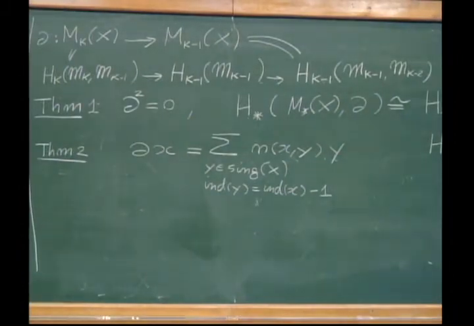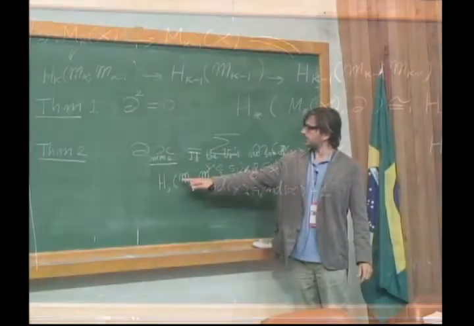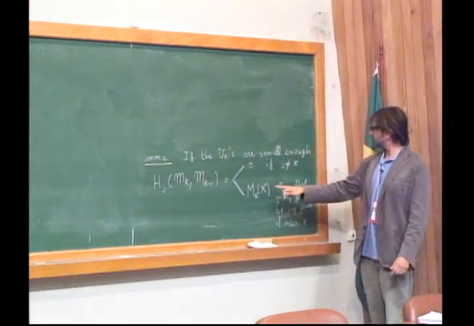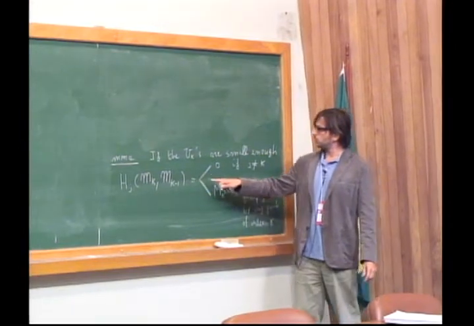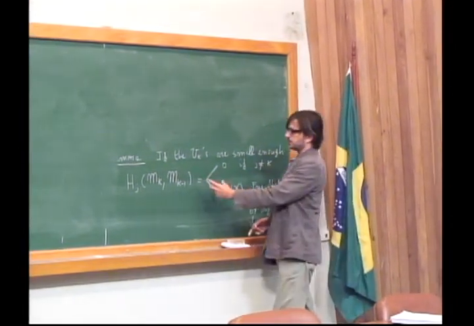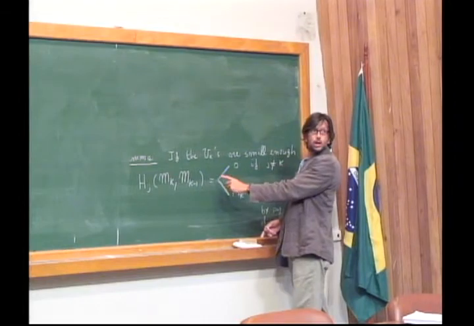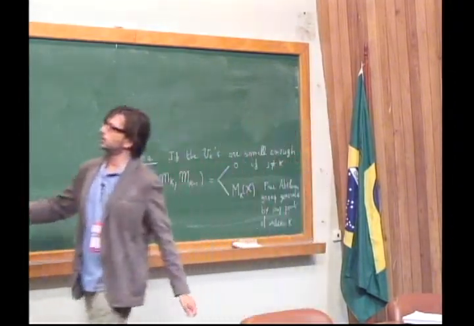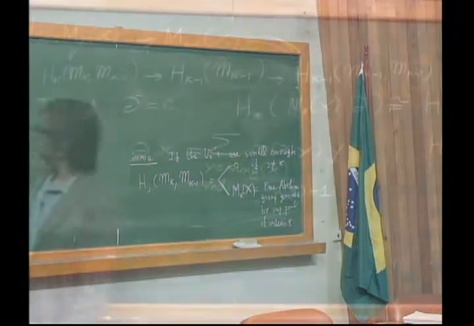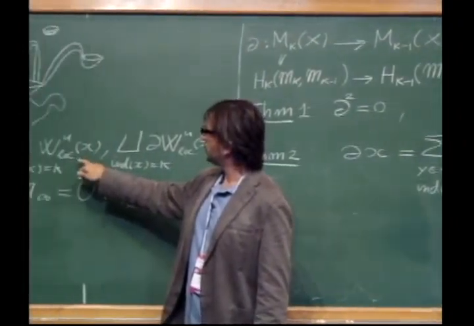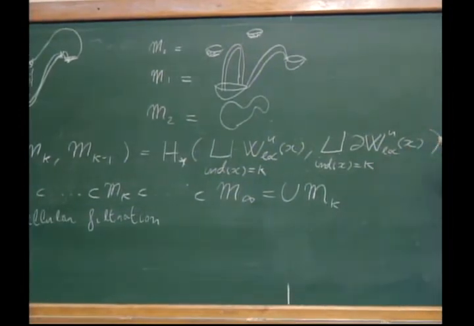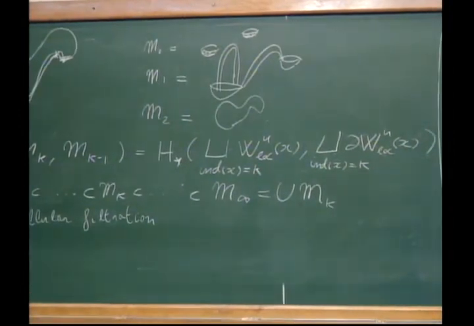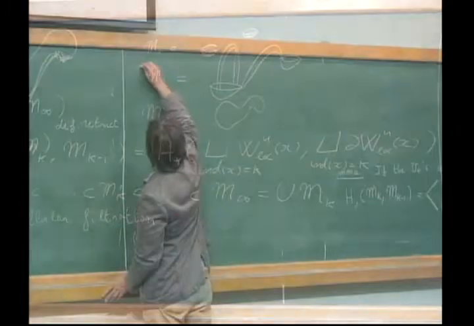Okay, now here I was just saying this identification, that this relative homology is this free abelian group. The identification is done by choosing a generator of the relative homology of a local unstable manifold modulo its boundary, which is equivalent to choosing an orientation of the unstable manifolds. So what you do to define these n_xy are these steps.